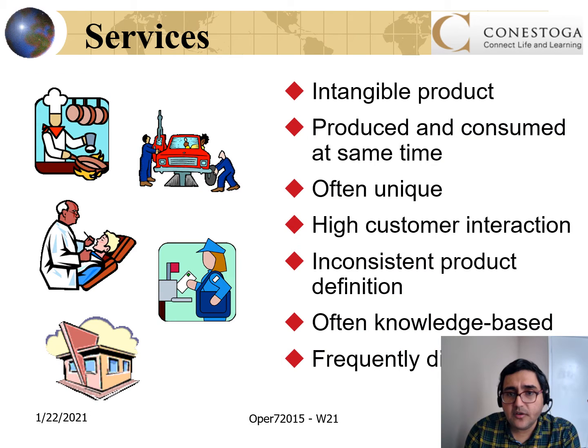But in the case of a service industry, think of the example of going to a dentist, or going to a fine dining restaurant and having your food. These are service industries, as is getting the mail daily at home, or even education. It's an intangible product.